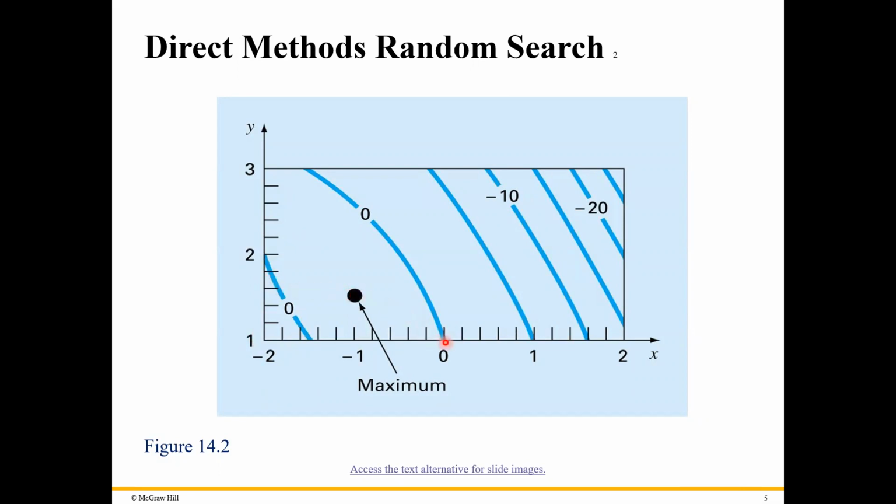So these maximum values of x and y may converge to some points. For some other values, for example, the value of 0 may be obtained by a number of combinations of x and y. In this case, the value of minus 10 can be obtained by a number of combinations of x and y. But the maximum value for that function will be obtained at just one combination of x and y.